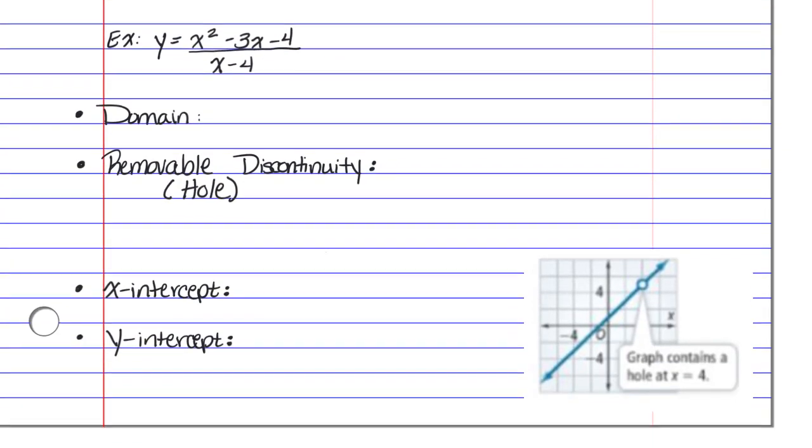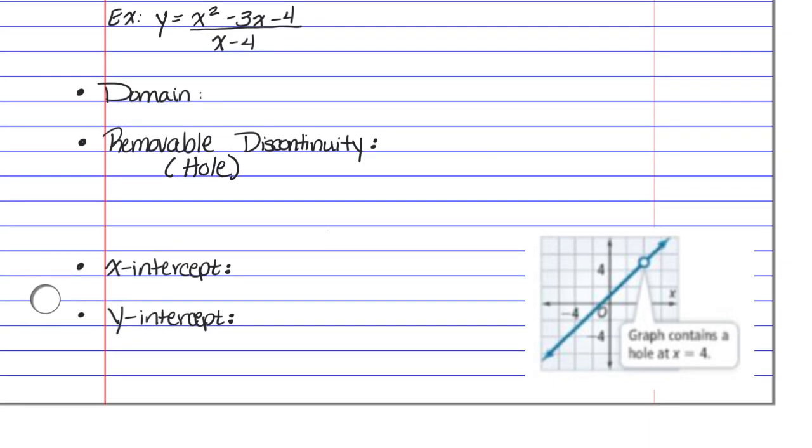Let's take a look at another one. This one will have a hole in it, just giving you a heads up. This is what would happen if we have a removable point of discontinuity. I'm going to start by first factoring the numerator and the denominator. So I have x minus 4 and x plus 1 divided by x minus 4.